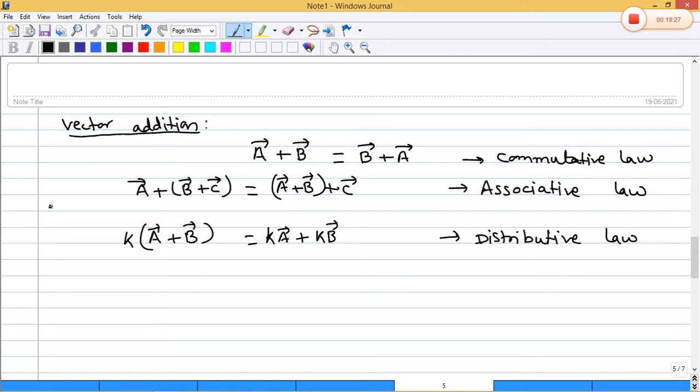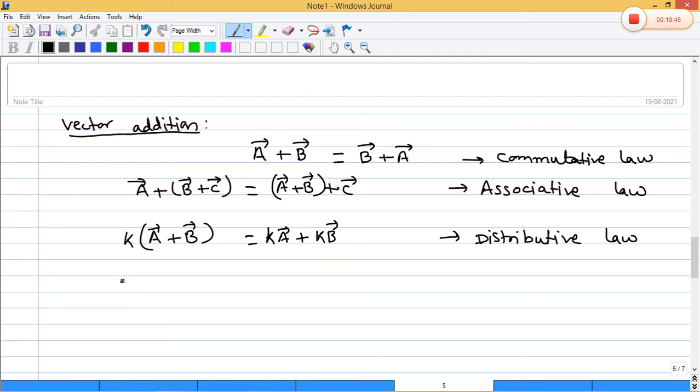Now position vector. Before position vector, we will focus more on vector multiplication. Vector addition and subtraction we all know. What about subtraction?